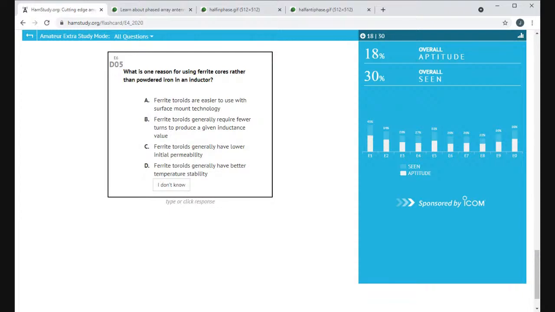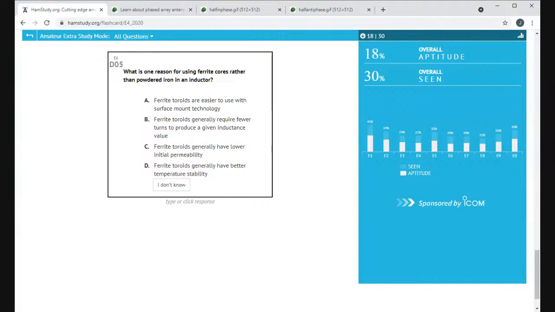What is one reason for using ferrite cores rather than powdered iron as an inductor? A, ferrite toroids are easier to use with surface mount technology. B. Ferrite toroids generally require fewer turns to produce a given inductance value.